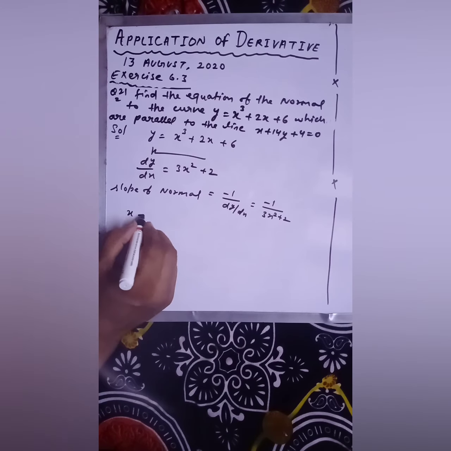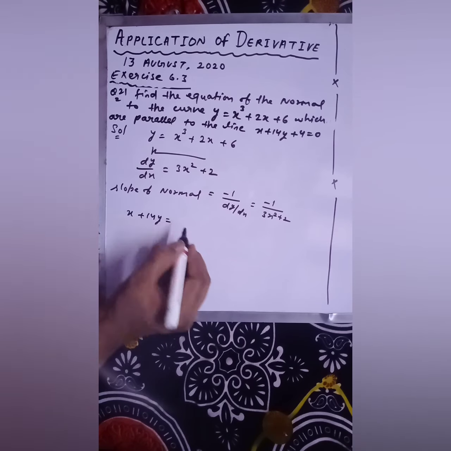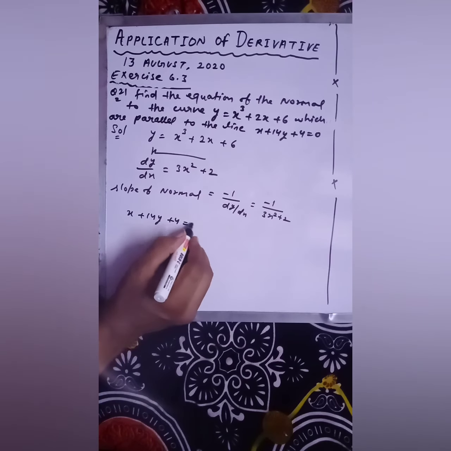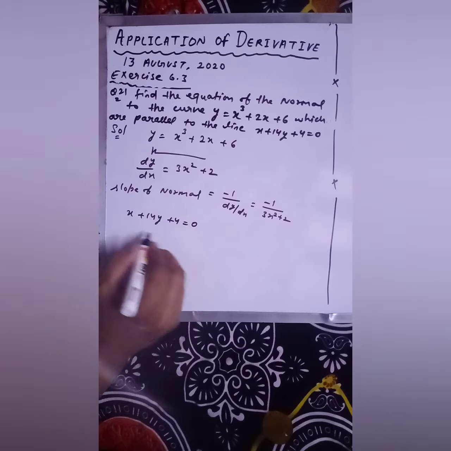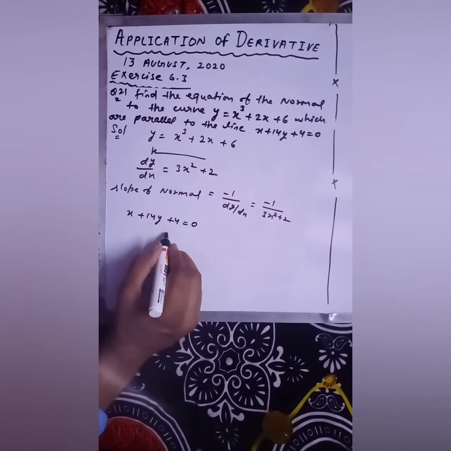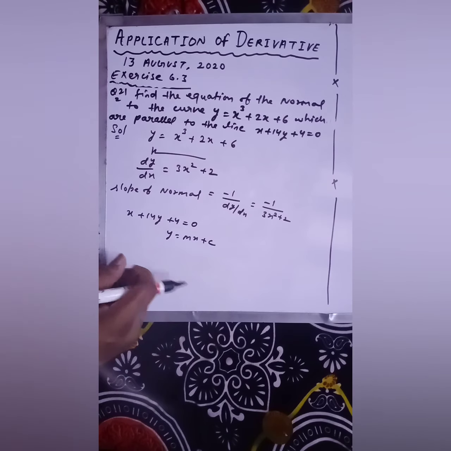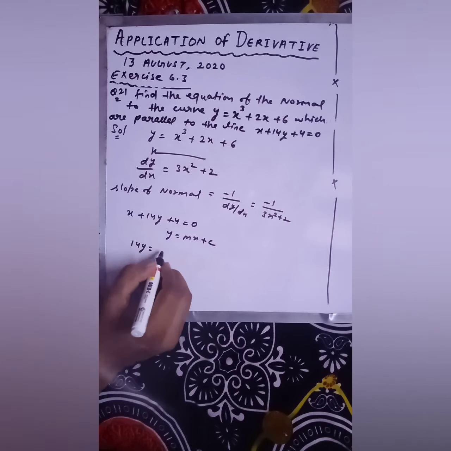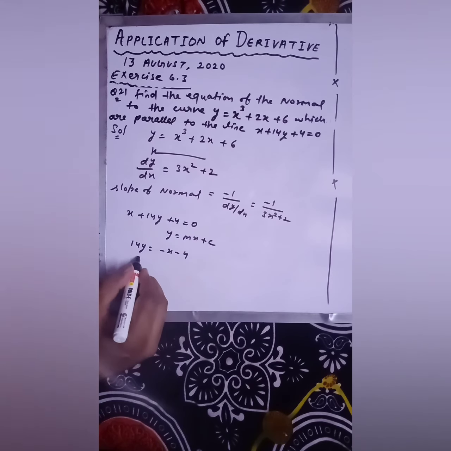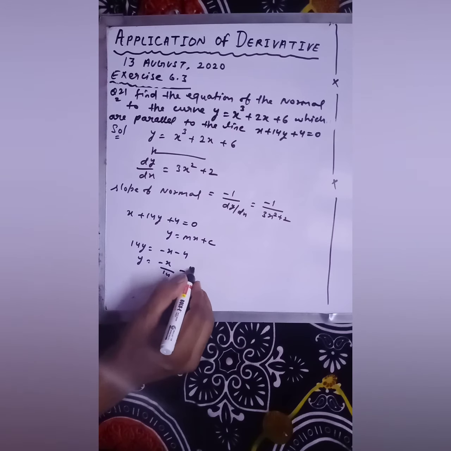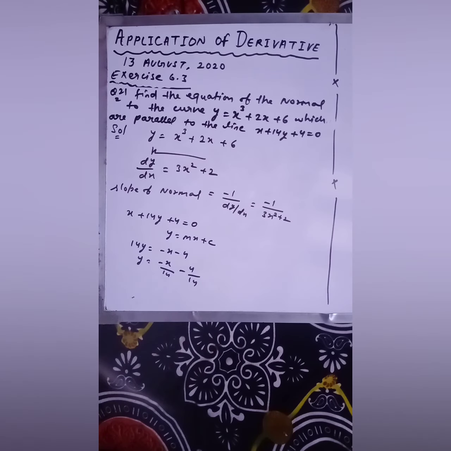Now the equation of the line is given to you. You have to convert this line into the form y equals mx plus c. So I'm converting this. Your y is equal to minus x upon 14 minus 4 upon 14.